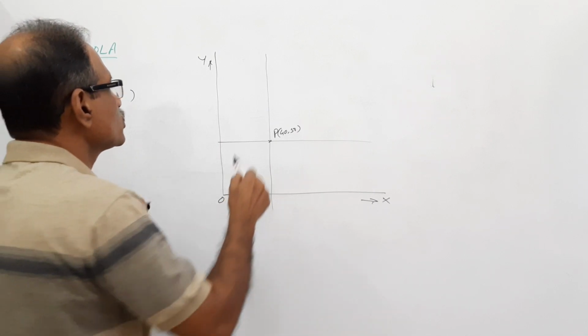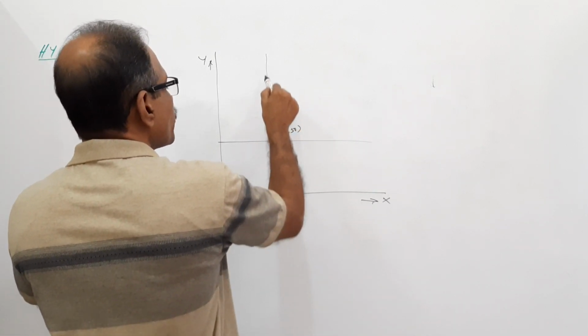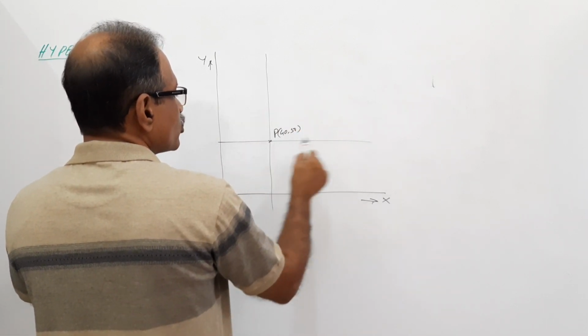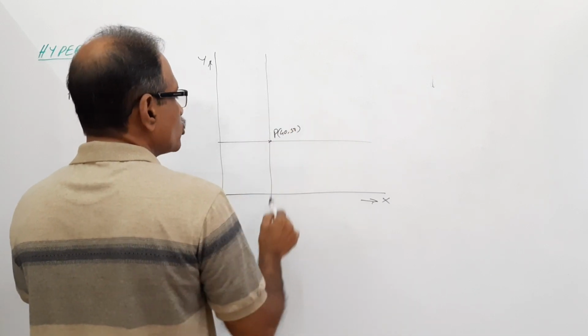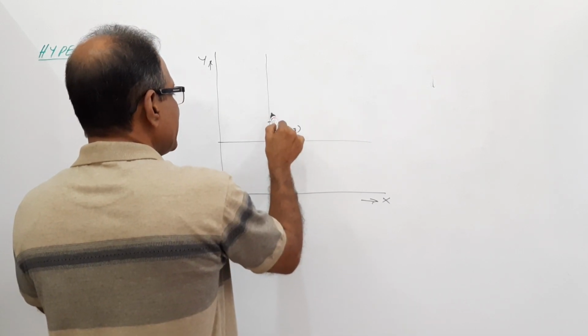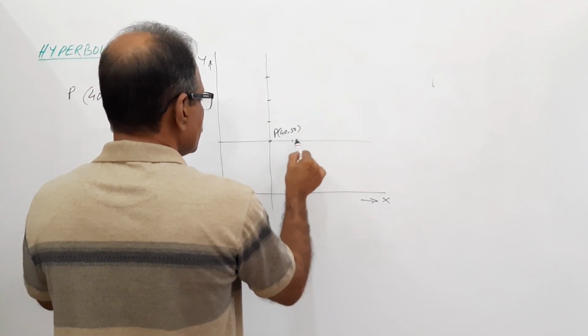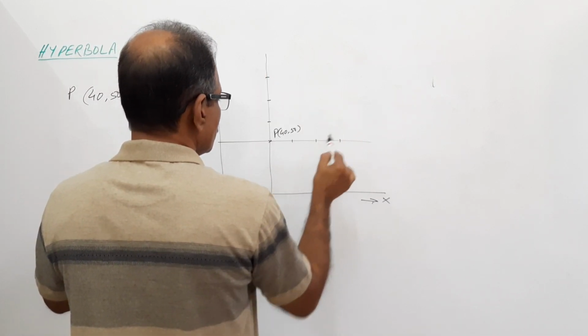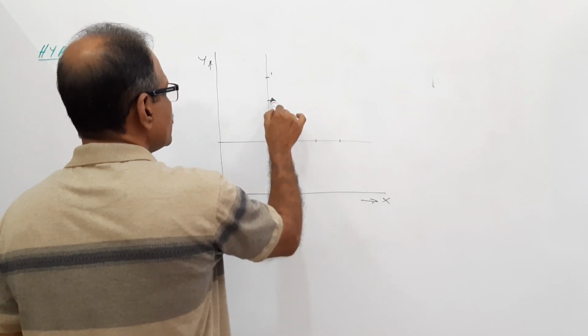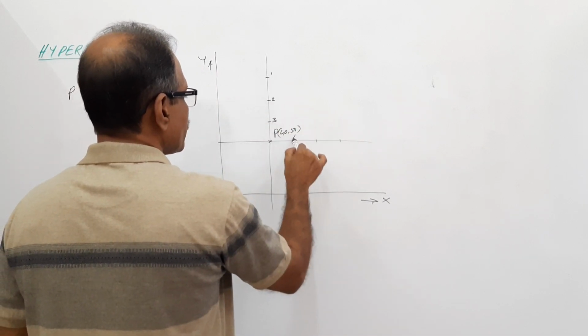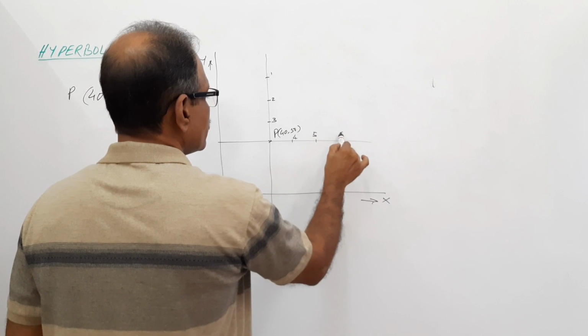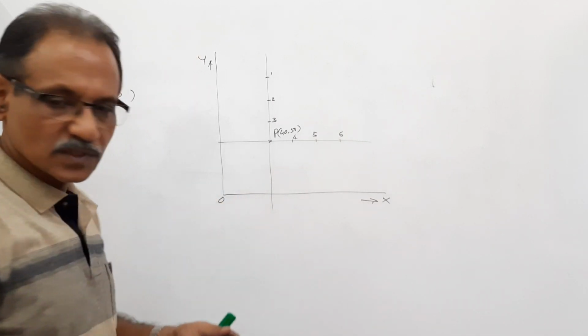Agreed? I choose a few points on the horizontal line through P and the vertical line through P. If they are equidistant, it will be well and good. I call them 1, 2, 3, 4, 5, 6. Agreed?